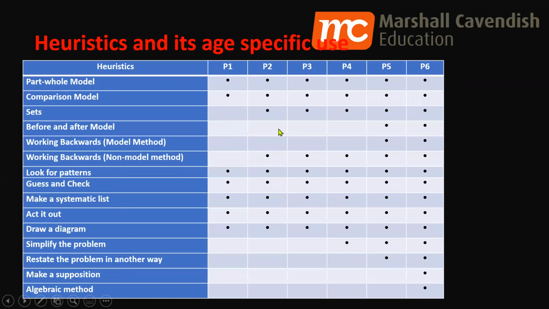We only do before and after in grades 5 and 6, together with working backwards. So it's staggered over the years so that the children would be able to slowly understand and use them, apply them.